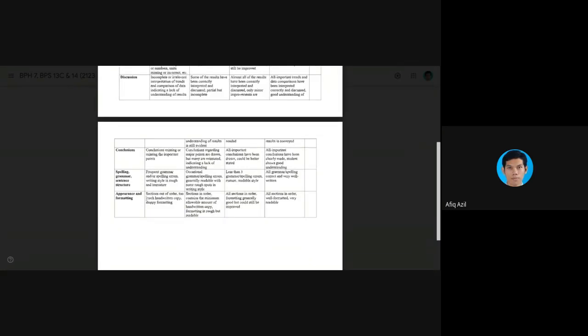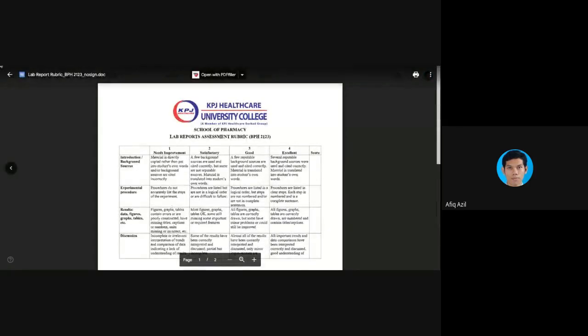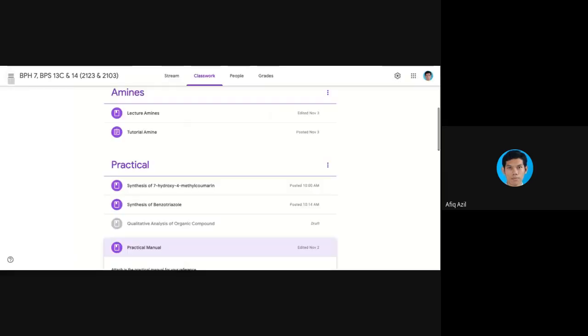This handwritten copy doesn't mean that you cannot use handwriting. It just means that there is too much jotting around at the side of the report. So it must look proper, must look nice. And sloppy formatting, so you can refer to this so that you know what to get.